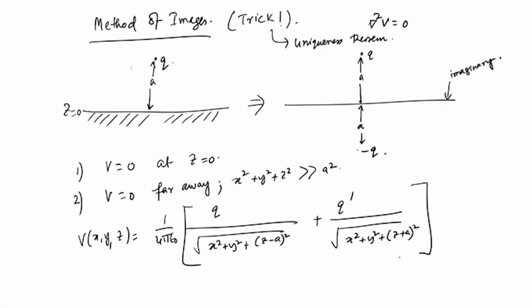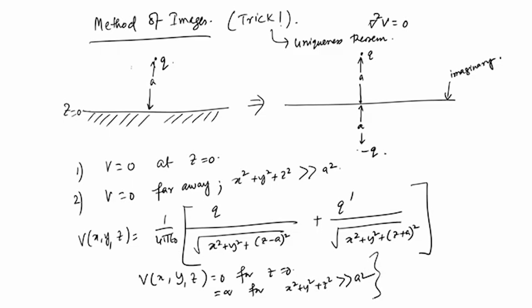If you put in the boundary conditions, that is V at x, y, z equal to 0 for z equal to 0, and V equal to 0 for x square plus y square plus z square greater than a square, the two boundary conditions that you just saw, then you will see that your q prime is equal to minus q.